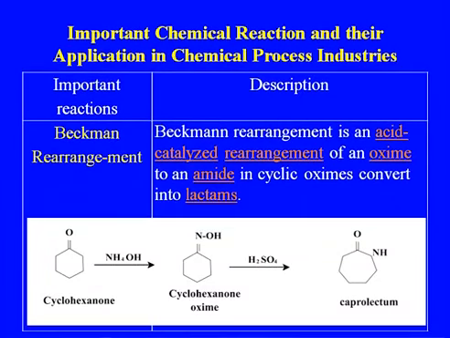In the process of making caprolactam from cyclohexane, the last step is the Beckmann rearrangement, the acid catalyzed rearrangement of an oxime to an amide, where a cyclic oxime converts into lactams, that is, the caprolactam that we are getting. So this is the reaction taking place in caprolactam manufacture.